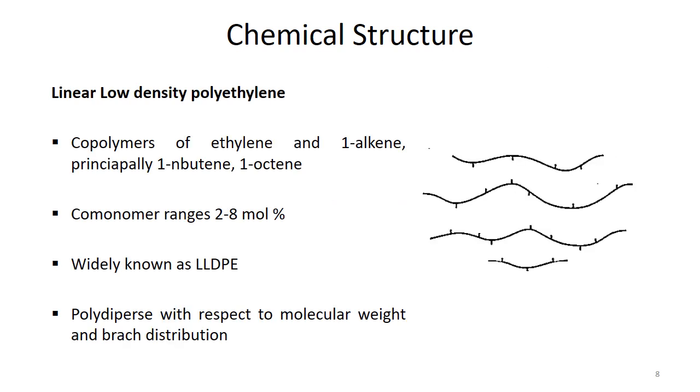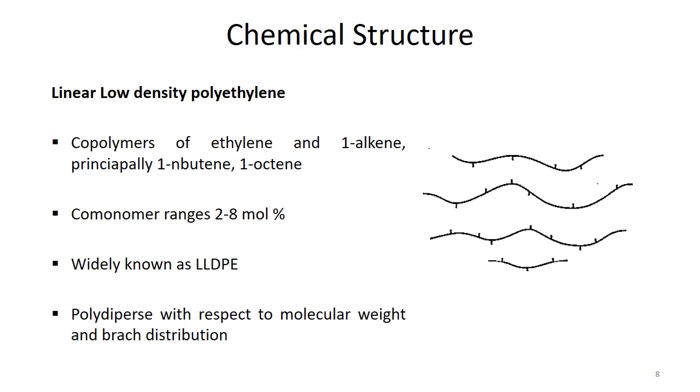When we talk about linear low density polyethylene, the general structure you can see here. Linear low density resins are copolymers of ethylene and 1-alkenes. Ethylene is also a sort of 1-alkene, but principally 1-butene, 1-hexene, or 1-octene can be used as a comonomer with ethylene.